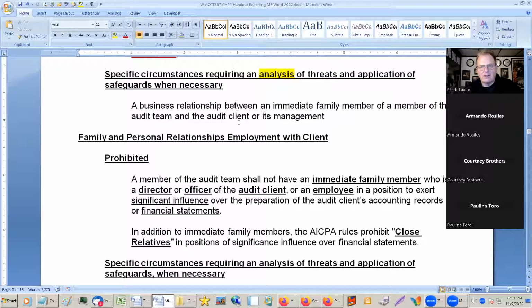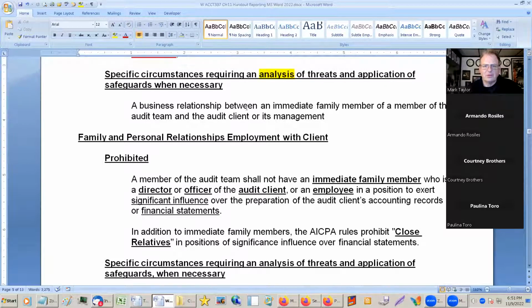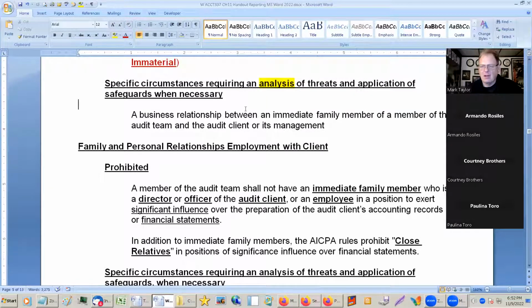So for instance, if your spouse is a supervisor at IBM, what does that mean? Or actually, I jumped ahead.